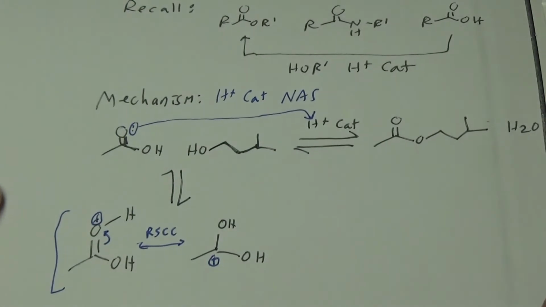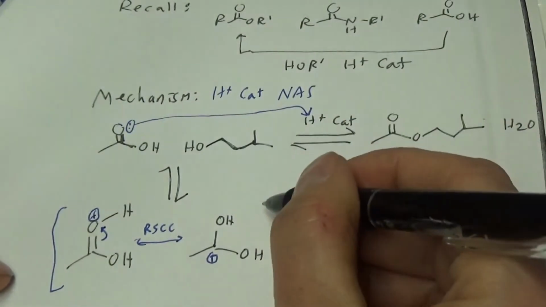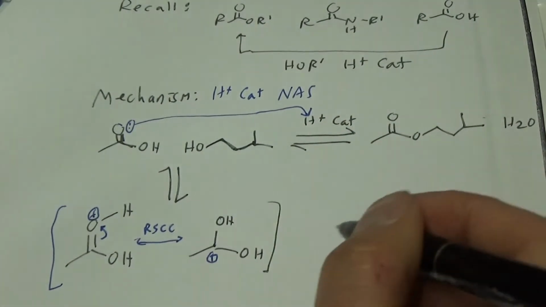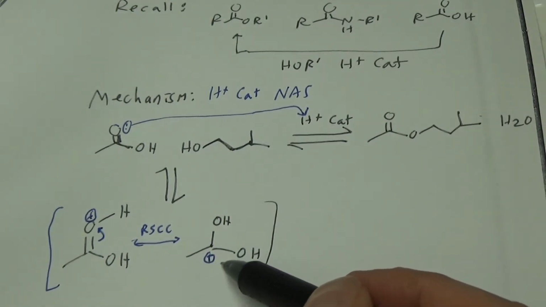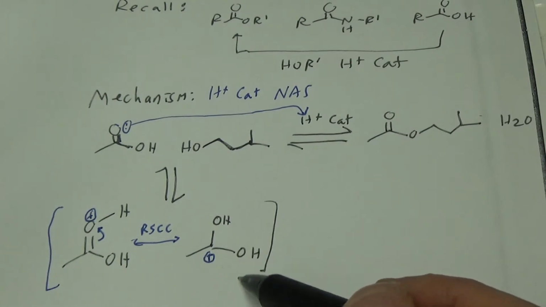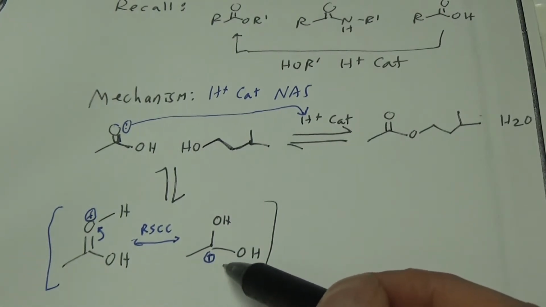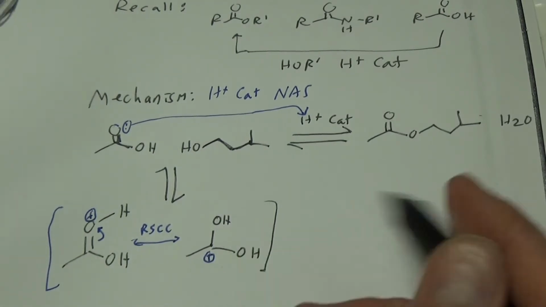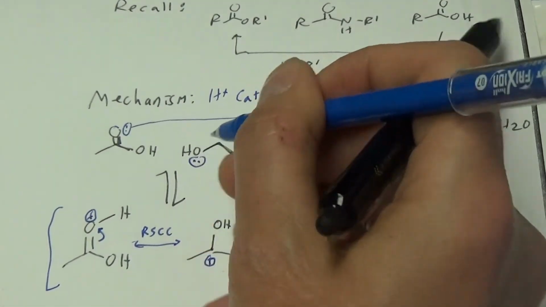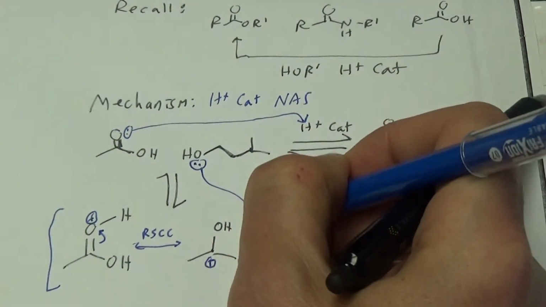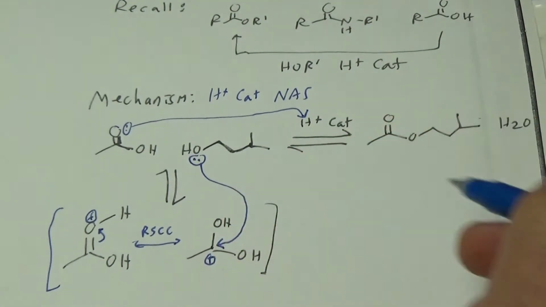Okay, protonate the carboxylic acid. And what do you always react with these RSCCs? Nucleophiles or electrophiles? You always react with nucleophiles because this is an electrophilic plus charge thing. So I'll just use my alcohol up here. I have it drawn nicely. I'm just going to attack that carbon.